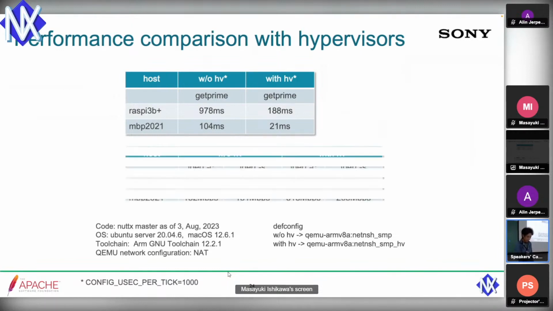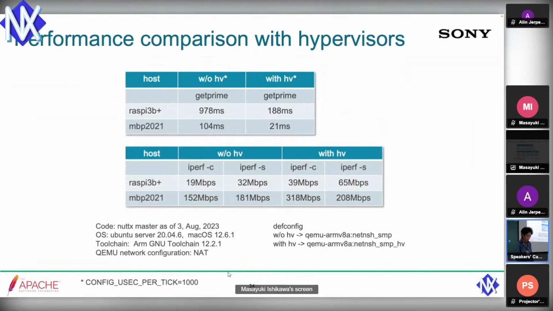The following chart shows iperf performance. I tested iperf in both client mode, with the -c option, and server mode with the -s option. In both cases, using a hypervisor is almost 2 times faster than without hypervisors.